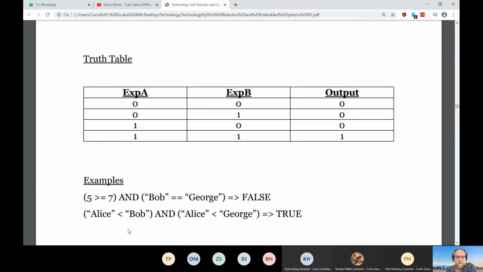It has to look for this sort of thing. So the answer to Alice is less than Bob is true.